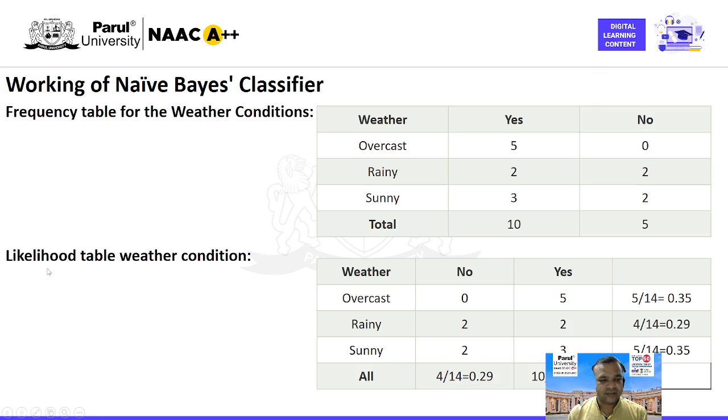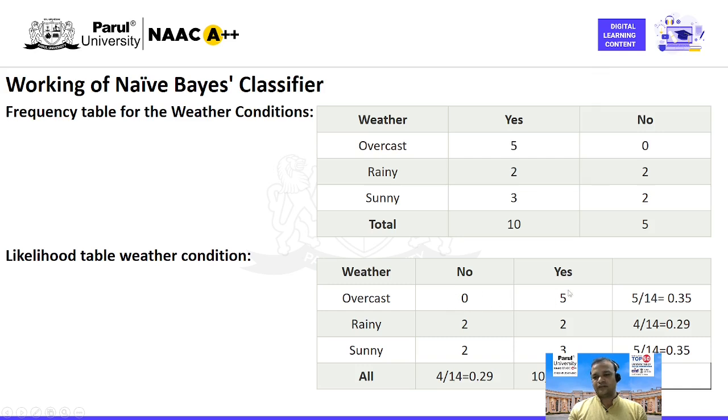The next step is the likelihood table for weather condition. We can calculate it with the help of the frequency table. The first column is weather, the second is no, and the third is yes. For overcast, how many said no? Zero.